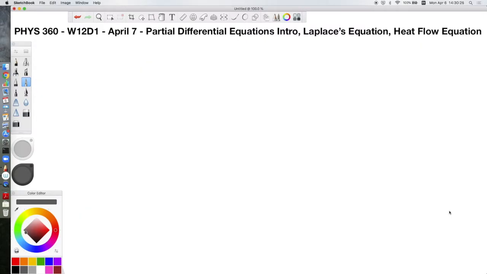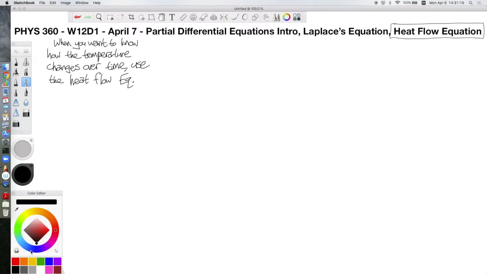The next thing we're going to talk about is the heat flow equation, which will tell us the temperature at any given location in our object as a function of time. So we use the heat flow equation when we want to know how the temperature changes over time. So the heat flow equation is as follows.